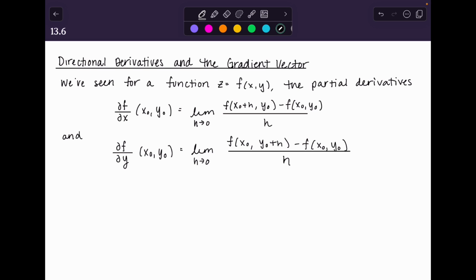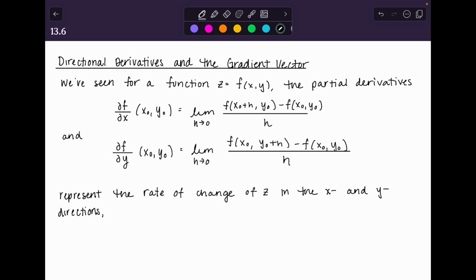These two limits and these two partial derivatives just represent the rate of change of z in the x and y directions respectively, at some specific point, which in this case is x naught, y naught, and then whatever the z value is. You would plug that into the function to find the z value.